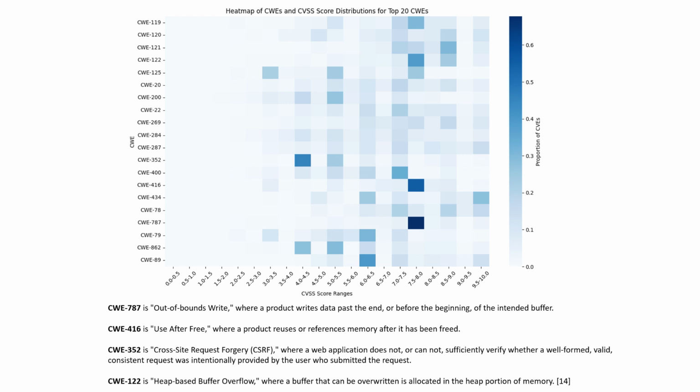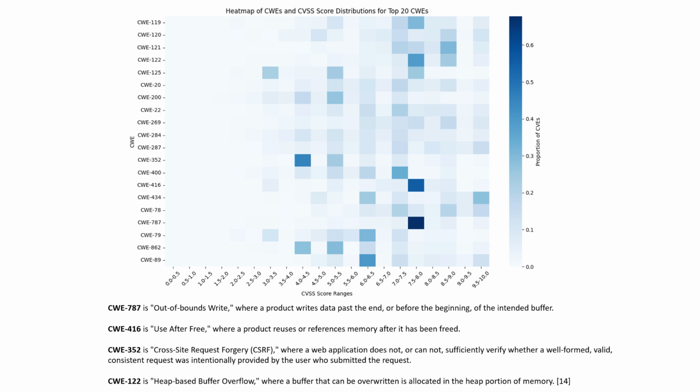And a couple of notable things here. We can pull out some other really interesting CWEs across all of the CVEs: out of bounds write, use after free, which is basically trying to reference memory that's already been deallocated, cross-site request forgery, and heap-based buffer overflows.